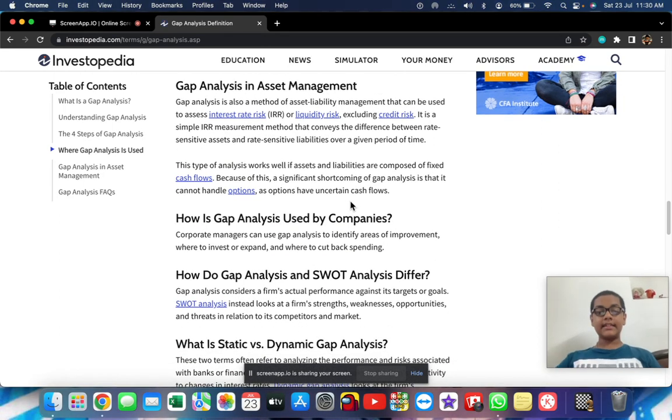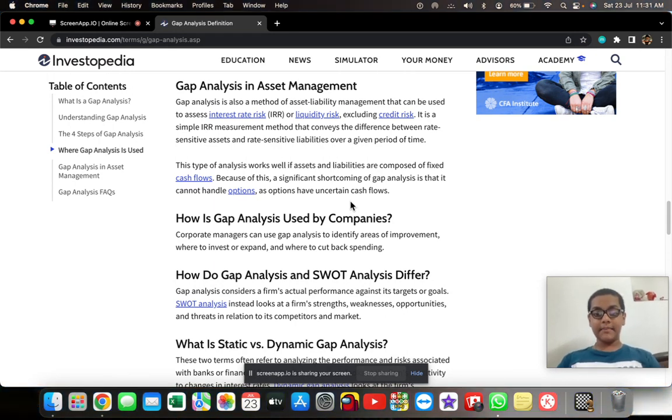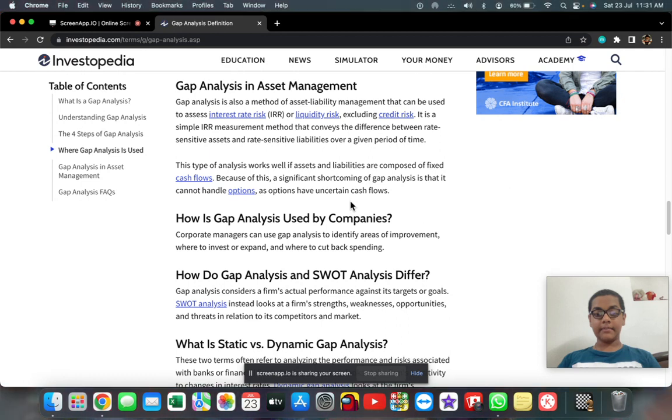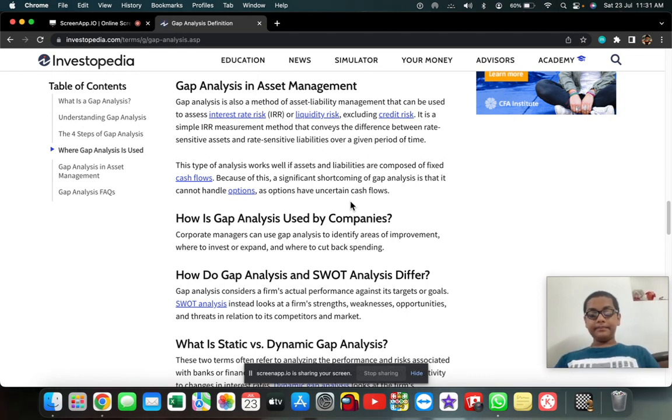Gap analysis in asset management. Gap analysis is also a method of asset liability management that can be used to assess interest rate risk, IRR, or liquidity risk including credit risk. It is a simple IRR measurement method that can gauge the difference between rate sensitive assets and rate sensitive liabilities over a given period of time.